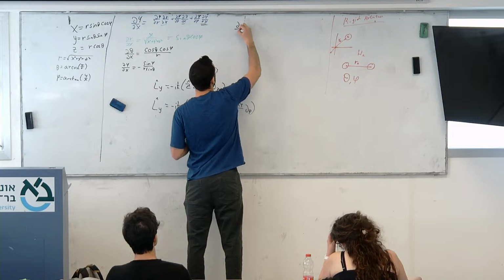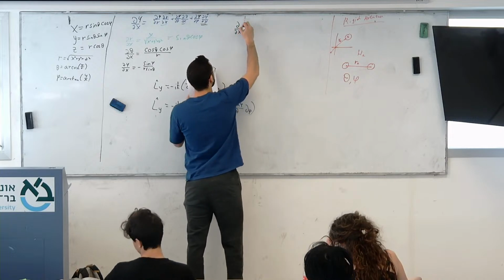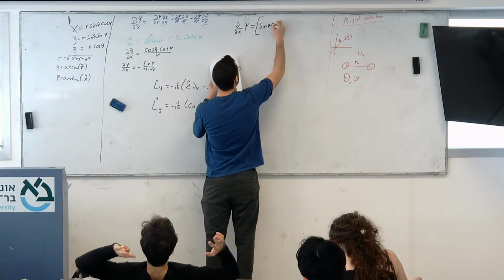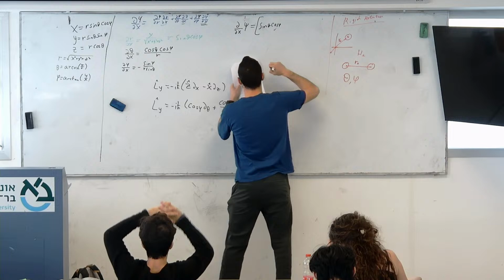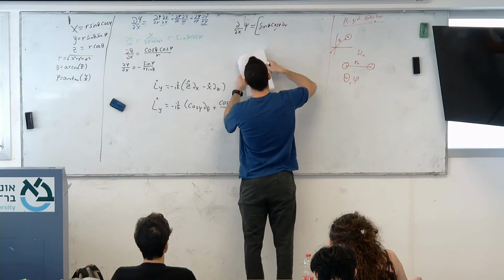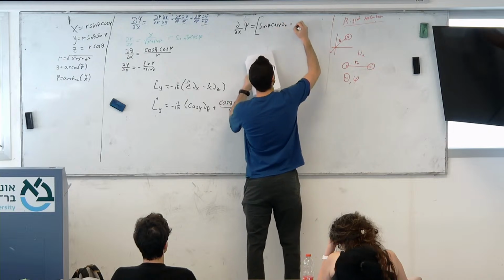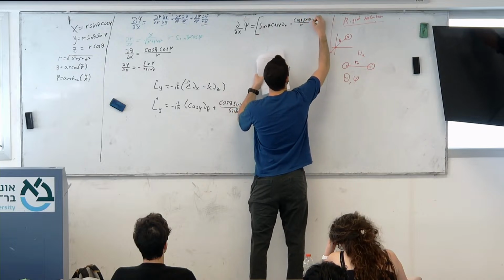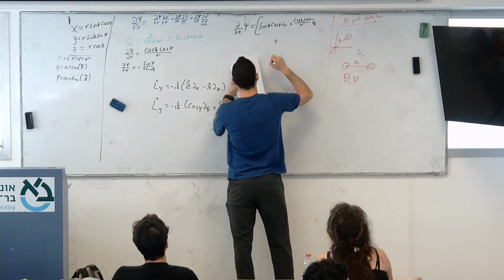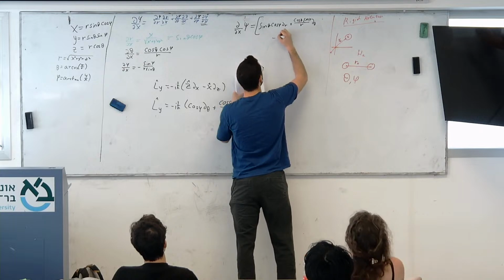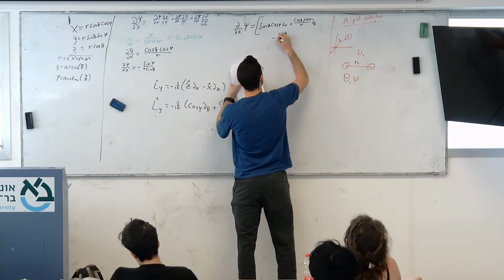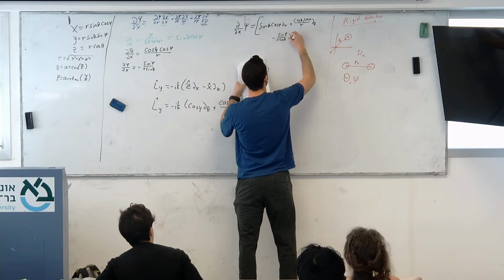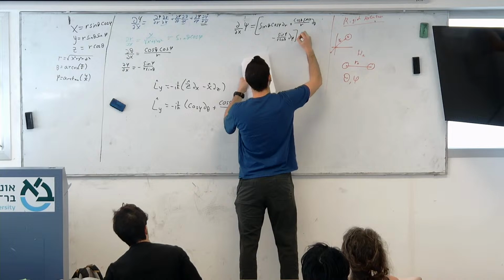∂/∂x of, let's say, some function psi is going to be equal to sine theta cosine phi ∂/∂r plus cosine theta cosine phi over r ∂/∂theta minus sine theta over r sine theta ∂/∂phi of psi.